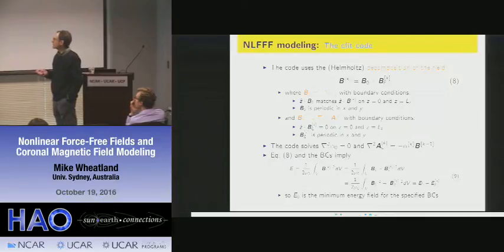This decomposition and these boundary conditions imply a version of the Thomson or the Dirichlet theorem, by which I mean that the energy of the total field, the integral of the square of the total field, is equal to the sum of the energies of the potential component and the non-potential component.